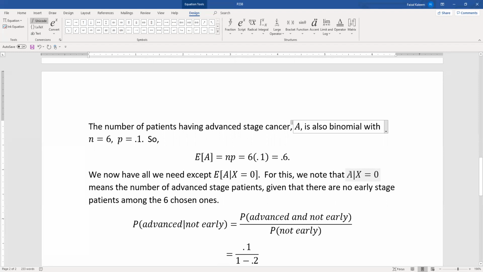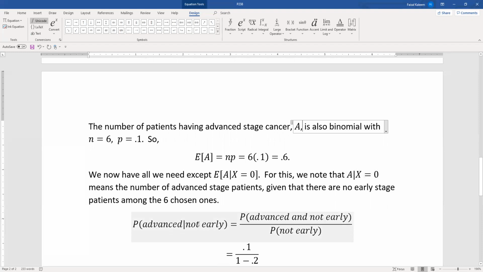So we know that n is equal to 6. We have to do some work to find what the little p is, the probability of success, which in this case is the probability of a patient being advanced given that the patient is not early. So probability of advanced given not early, because we are given that early stage patients are 0, so no patient could be early.